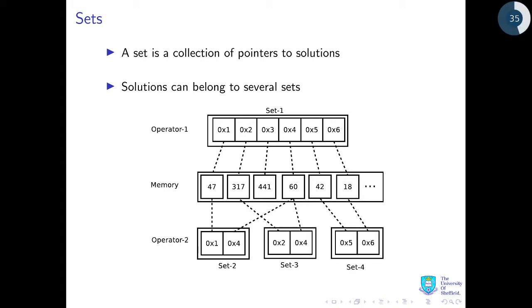But another operator could create several sets, and these sets don't contain the solutions, they contain pointers to the solutions. So you could see here, for instance, that set 2 and set 3 actually have the same solution inside, so they are pointing to the same solution. That's solution 60. It's shared between set 2 and set 3.